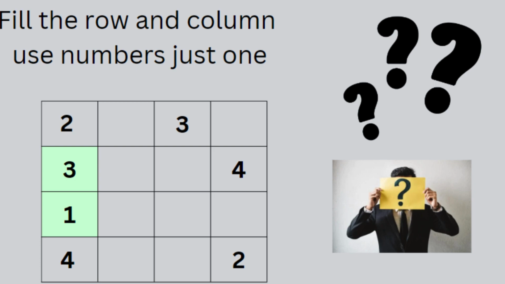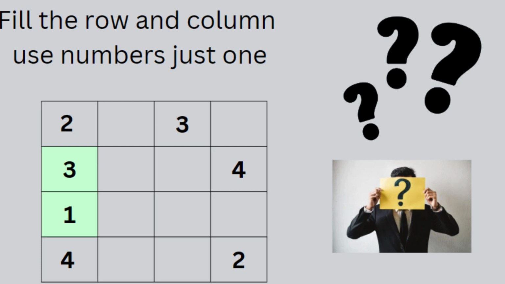And in here we don't have many numbers, so we're going to start with the row or column that we have the most information about. Start with rows, columns, or subgrids that already have more numbers placed. These often provide more clues and make it easier to deduce the missing numbers.